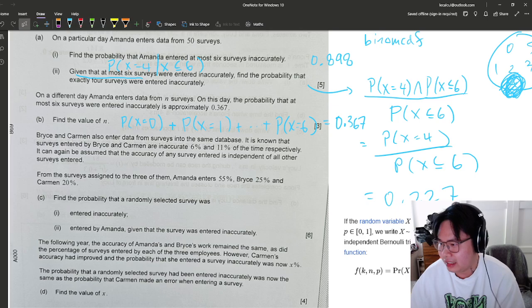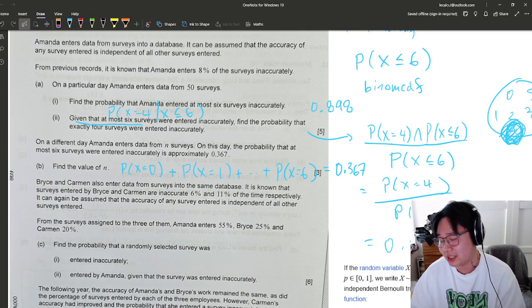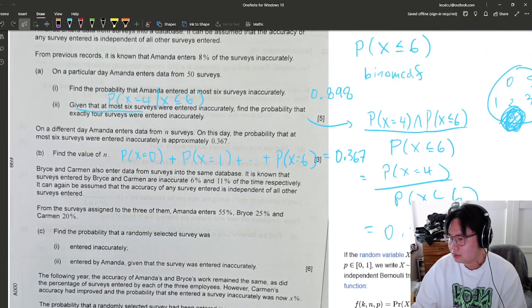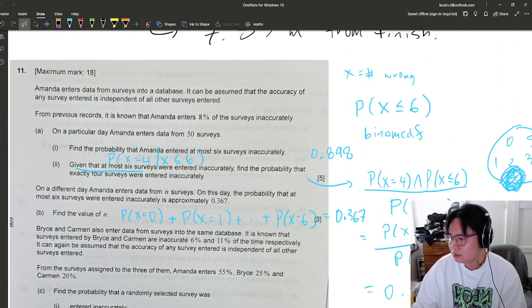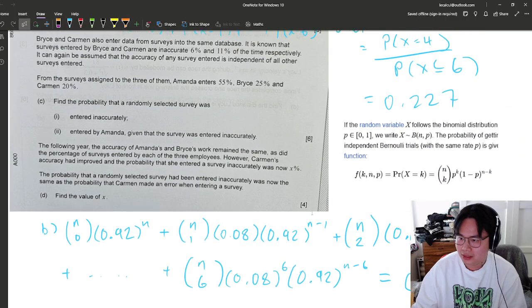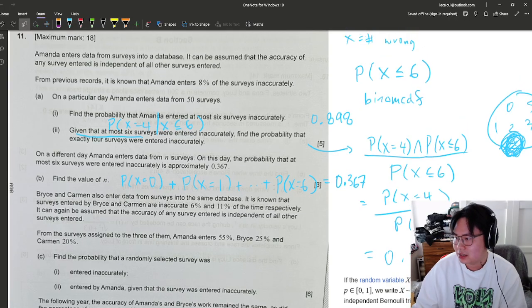Do I need this N? Because I might just skip this question. I don't want to type this into a TI-83. And it's only 3 marks.